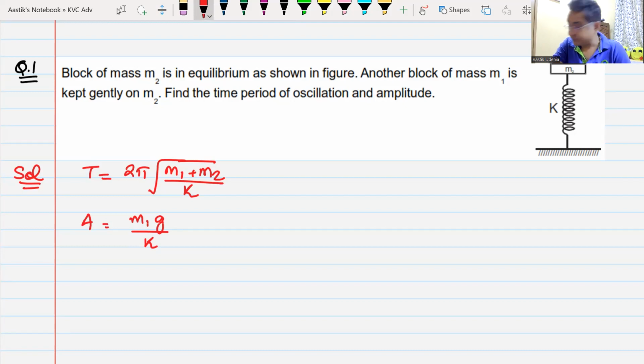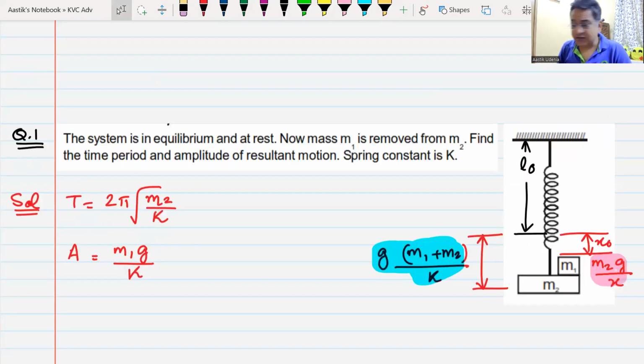See, this was the question that we did. In this question, M1 was removed from here, and then we found out the oscillation. Do we understand this? So this question is just the reverse of it. Here, since the block is in equilibrium, I put one more block on the top of it.